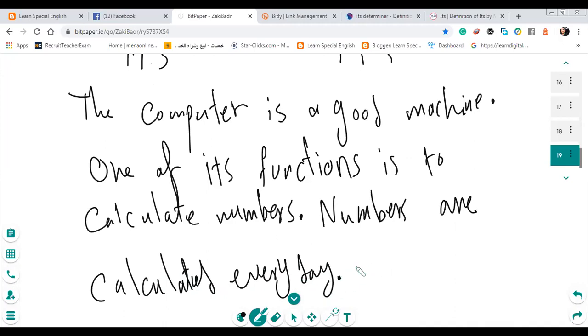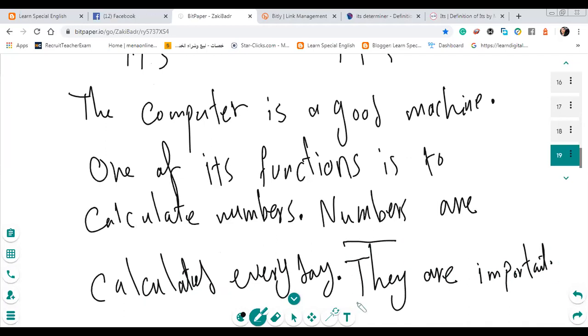So if I say "They are important", for example, this "they", this pronoun, is referring to what? To these numbers, right?